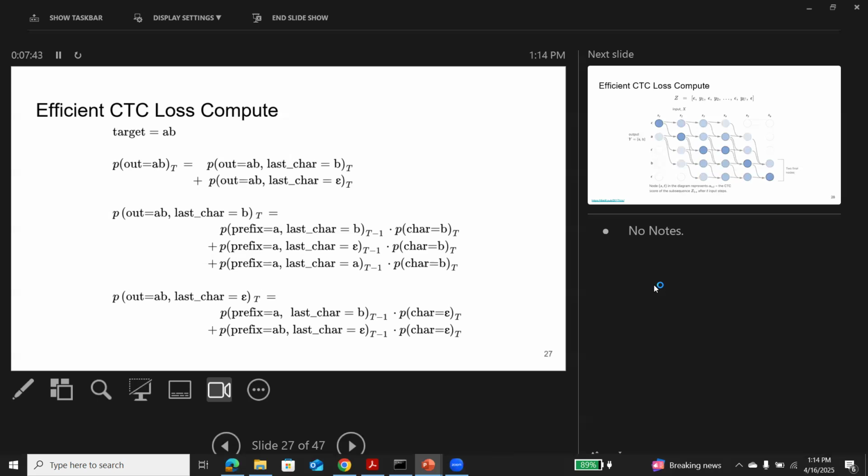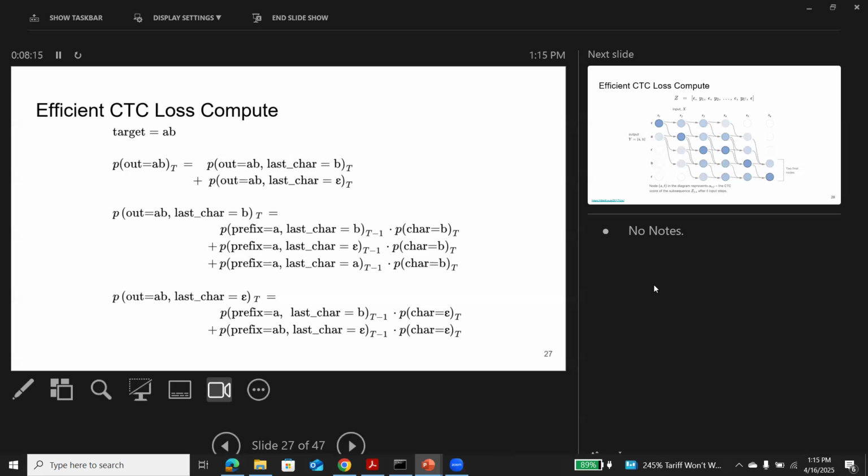So we could have prefix A, the next character A, and the next character B. If we have the last character epsilon, then there are two options. We have prefix A, next character B, and then epsilon, or we have prefix A and 2 times epsilon, because epsilon will be removed.